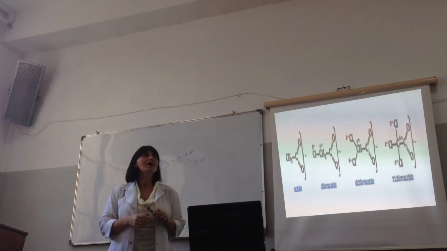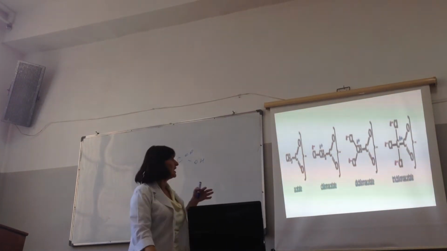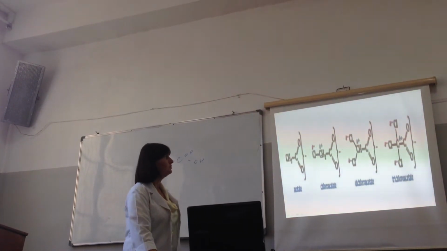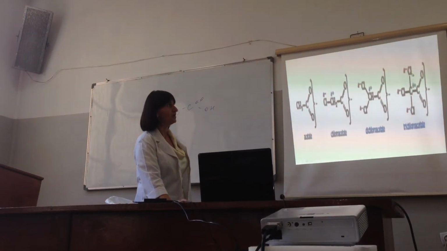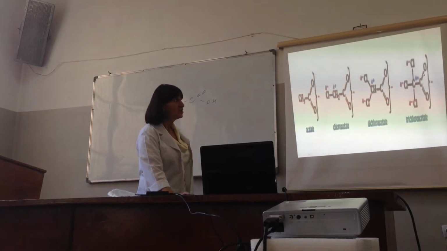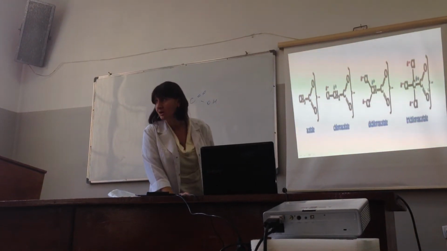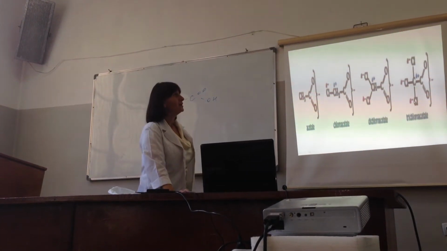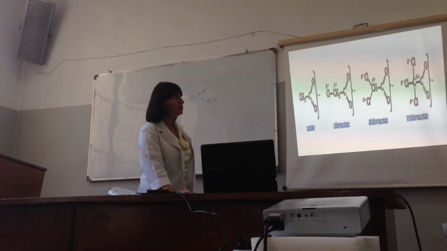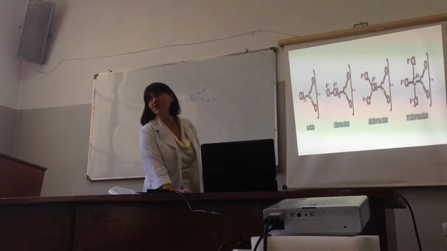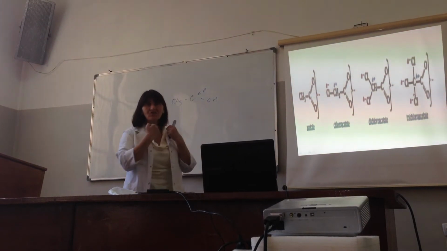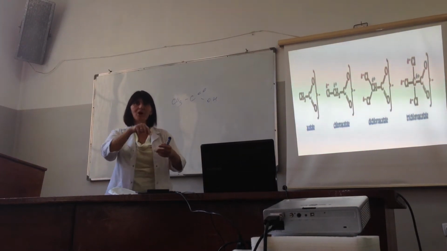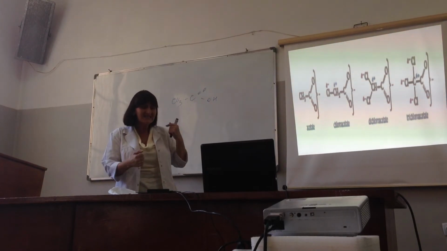Then when we discuss monochloroacetic acid or dichloroacetic acid or trichloroacetic acid, this one is a very strong organic acid. Why? Because here you have 3 electron withdrawing groups, and here you have the inductive effect, so they attract these electrons which are in the bond with the carbon itself.